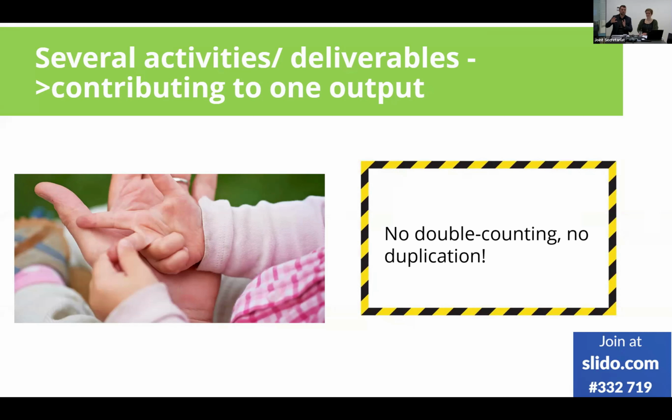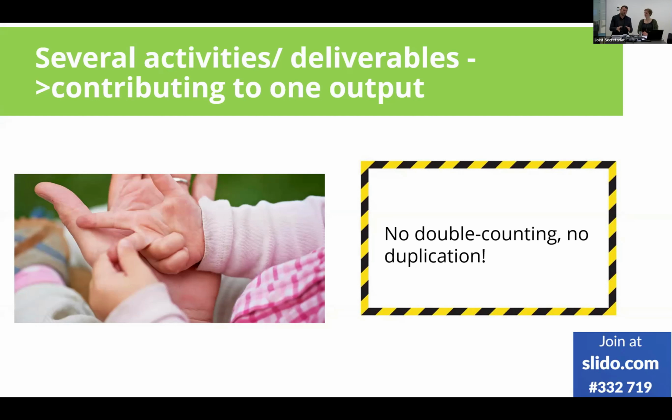In a work package, you can pile it up so you can have more outputs, but definitely there will be several activities contributing to one output. Whenever you put a target next to this output as an output indicator, you have to be very careful not to double count the outputs.